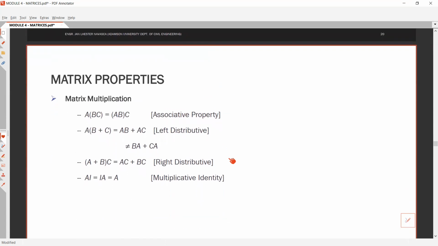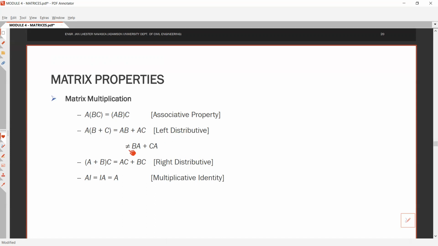Okay, so for the matrix multiplication naman, we have A multiplied by the product of B and C is equals to AB multiplied by C. Okay, so associative property. Okay, so for the left distributive property, okay, yung A multiplied by B plus C is equals to AB plus AC.